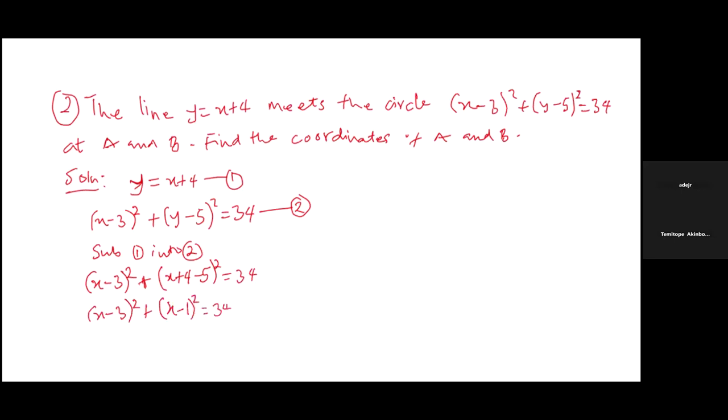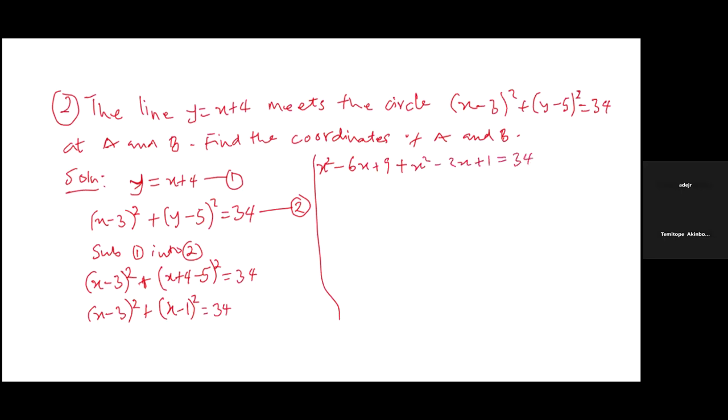Then you now expand. So x squared minus 6x plus 9 plus, expand the second one, x squared minus 2x plus 1 equals 34.